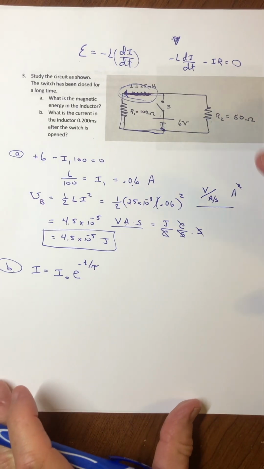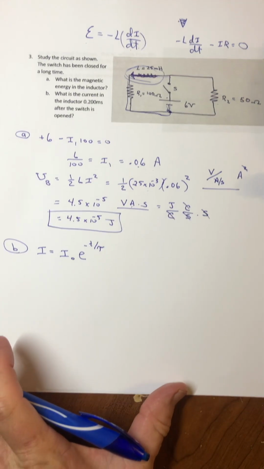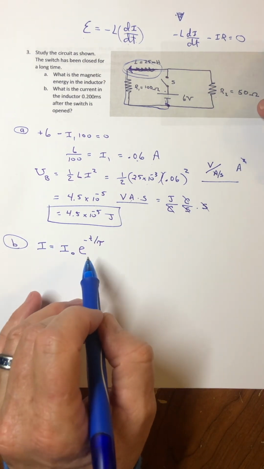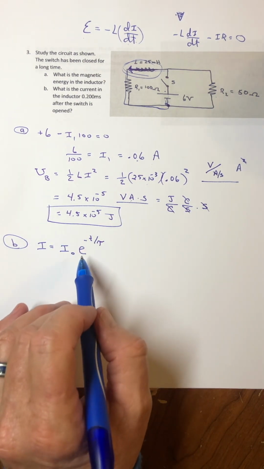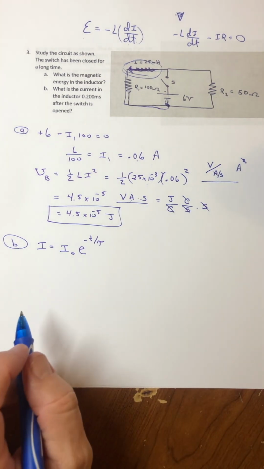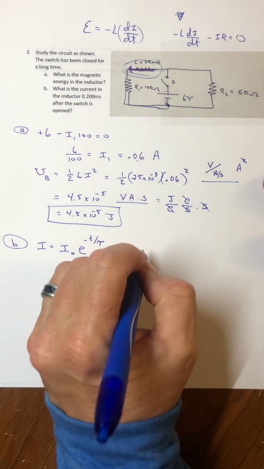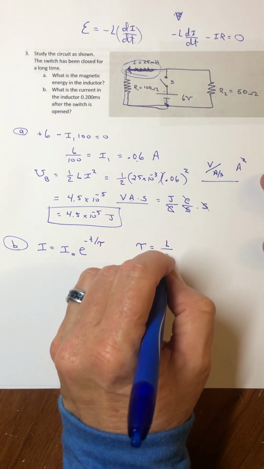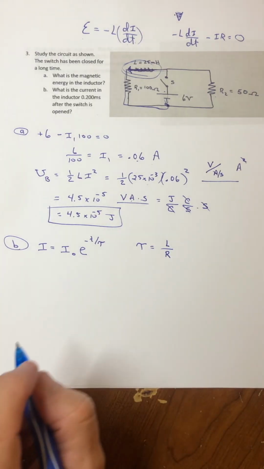And let me not resolve that one, but hopefully you'll remember this straight from your notes and say, okay, this is the inductor as the current is decaying away, where the time constant tau was the inductance divided by the resistance.